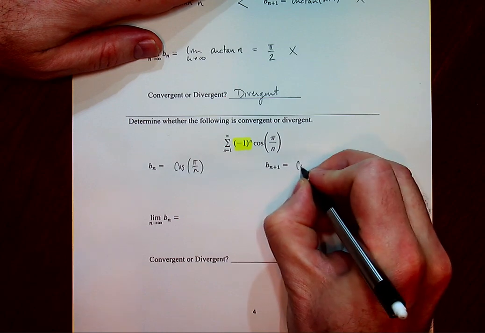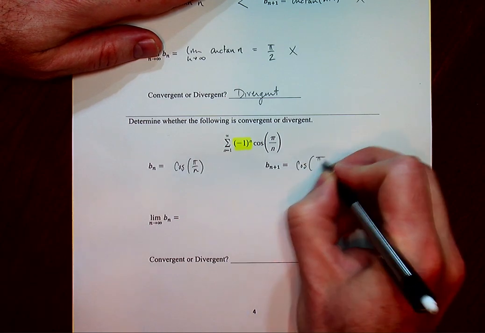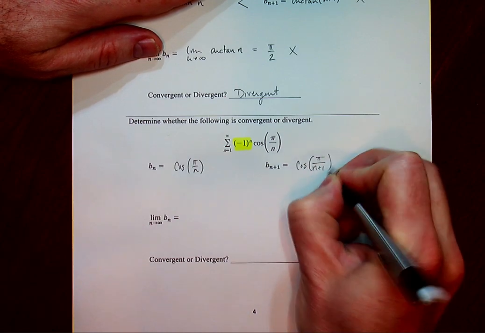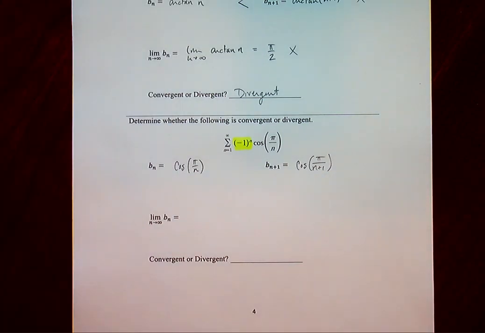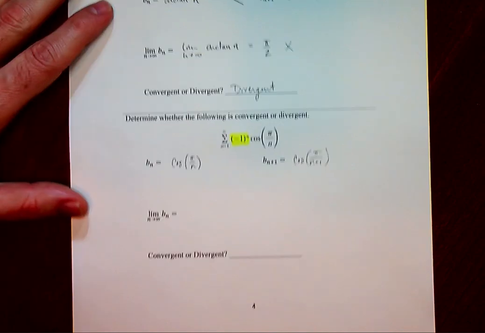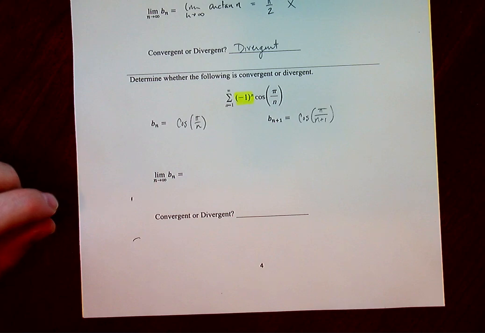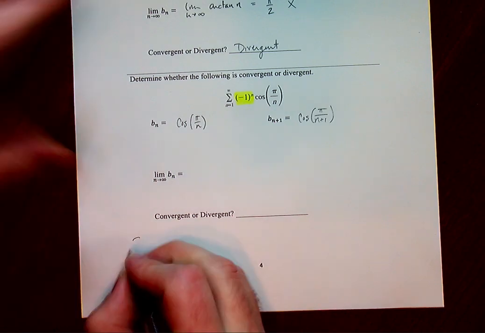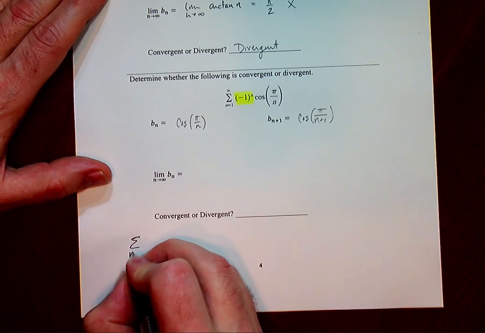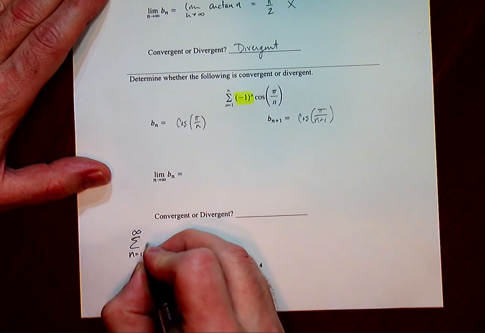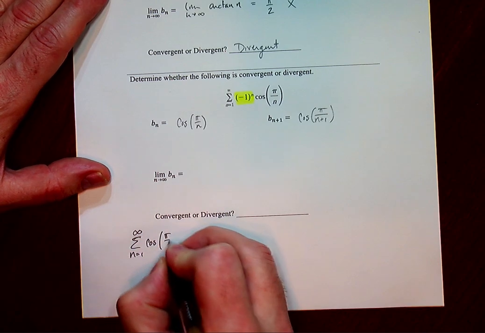This is going to be cosine of pi over n plus 1. Okay, I'll tell you what. Let's ignore the negative 1 to the n for a second, and let's go ahead and just list out the sum from n equals 1 to infinity of cosine of pi over n.